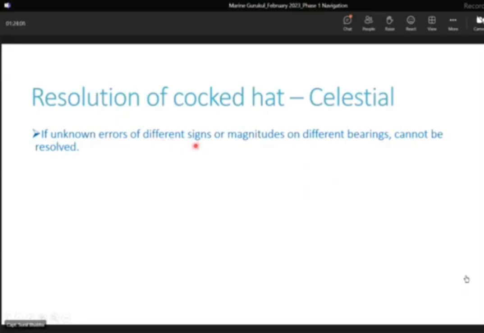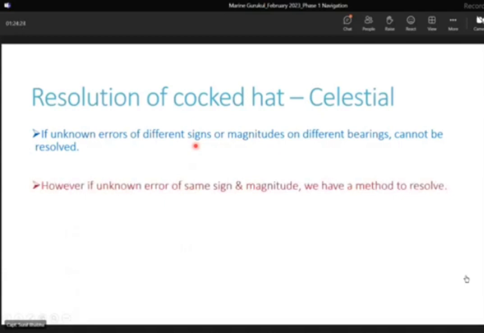The foremost condition for resolution of a cocked hat is that the error in the three position lines should be similar, of same sign and same magnitude. If the error in all the three PLs is similar, then the cocked hat can be resolved.